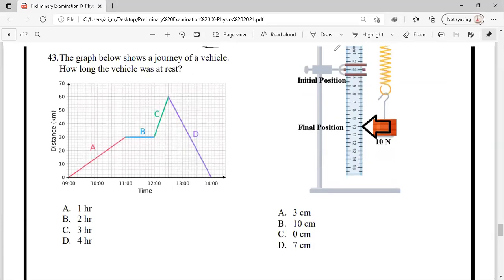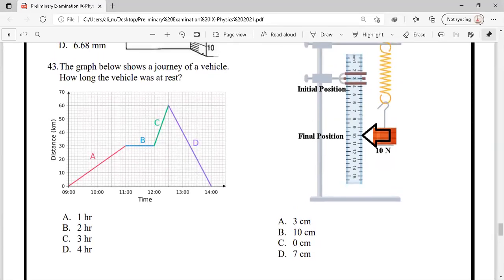Let's move to our question number 43. In this question, we have our distance time graph, and we have to identify how long the vehicle was at rest. As we can see, the horizontal line in this graph starts from this point and ends at this point. The region B shows the body that is in the state of rest.